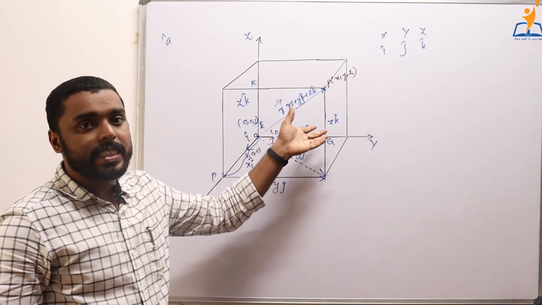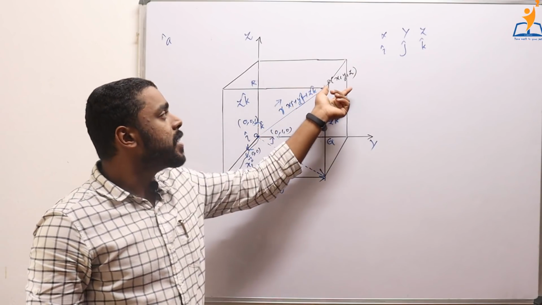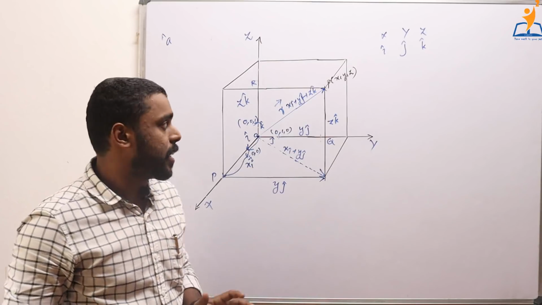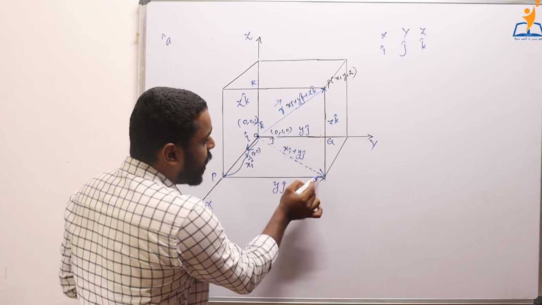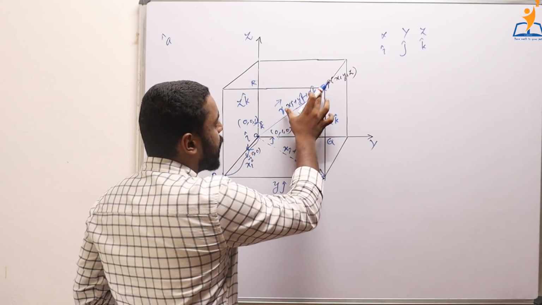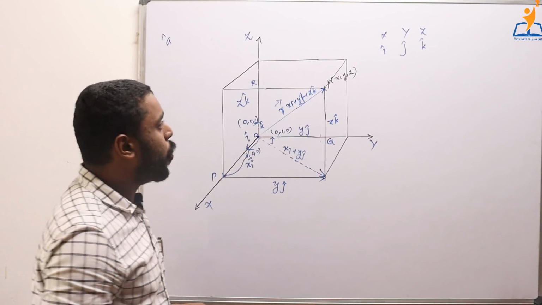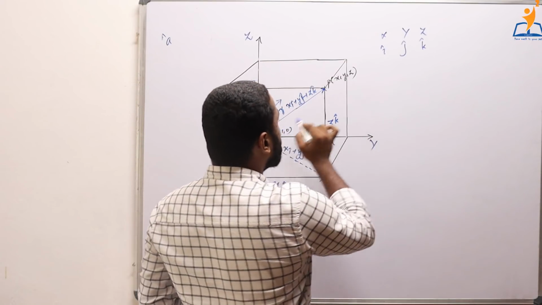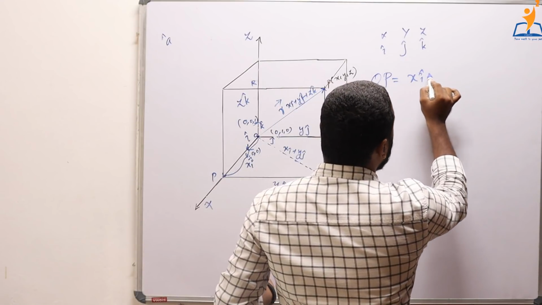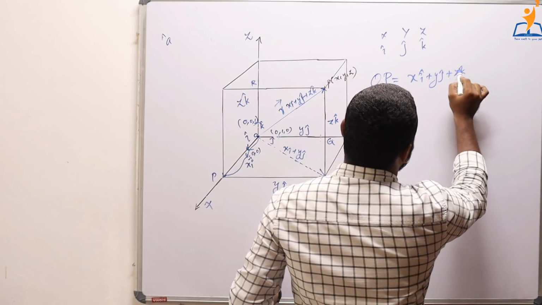So we have x i cap plus y j cap plus z k cap as the position vector of the point (x, y, z), because here again we applied the triangular law of vector addition. So the position vector OP is nothing but x i cap plus y j cap plus z k cap.